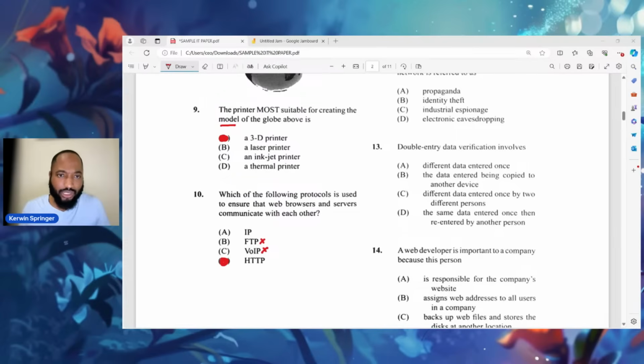So I think HTTP is the best. HTTP. So answer is D.